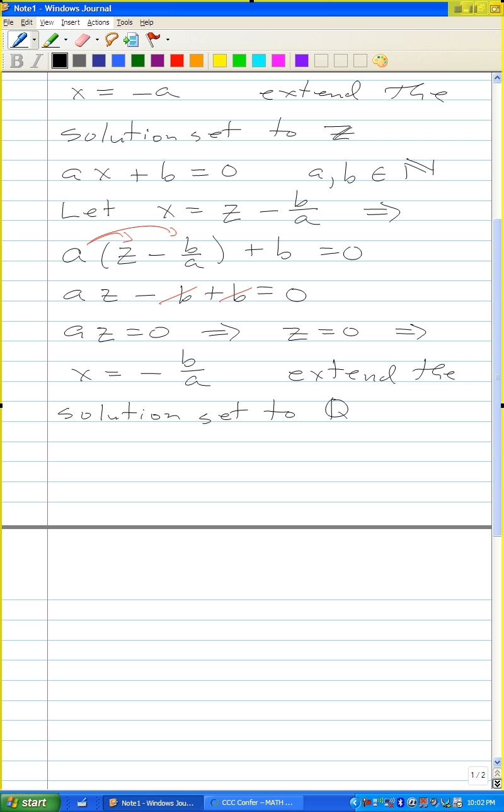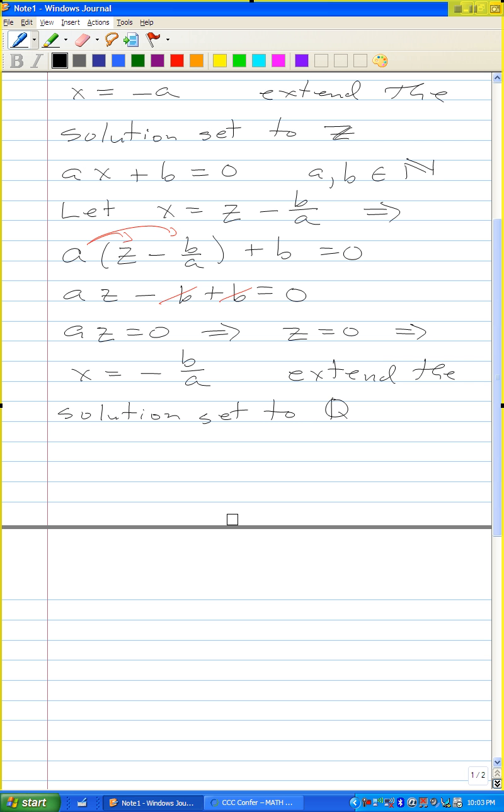And so notice that even if we're starting with this nice linear equation, and each of these coefficients, a and b, are natural numbers, in order to get solutions to this, I'm going to have to also allow rational solutions.